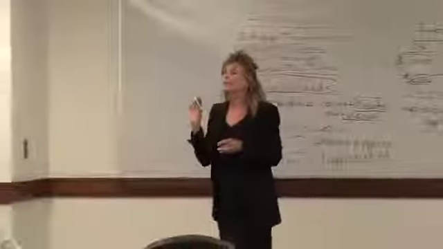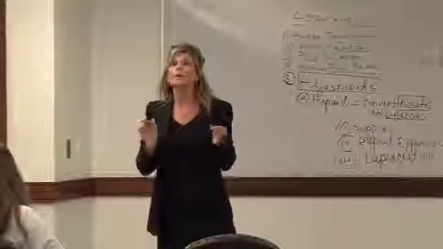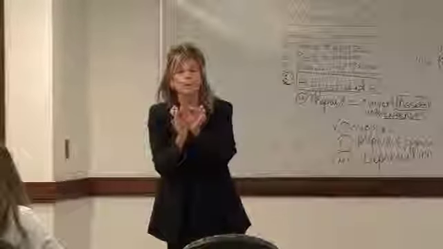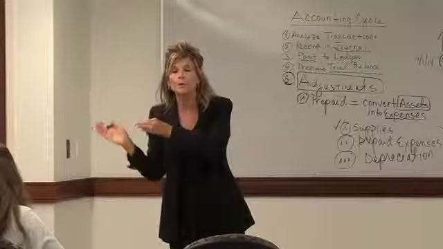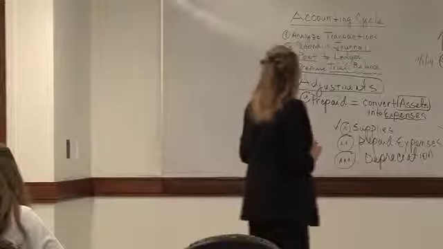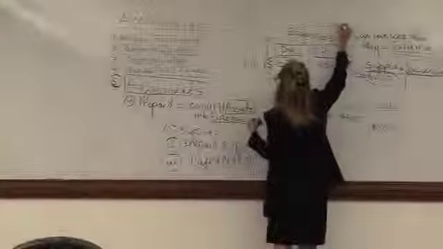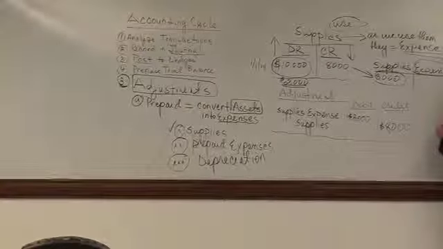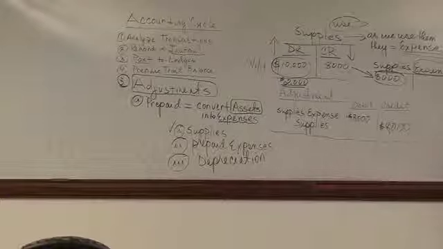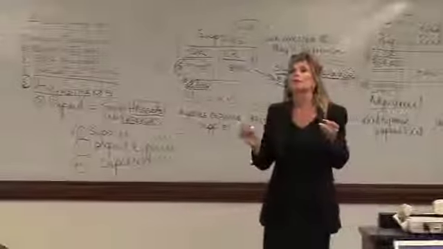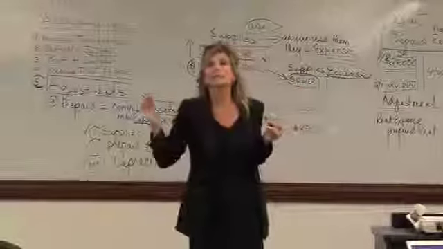So every single month, we're going to take $4,000 from the asset, called prepaid rent, and transfer it into the expense. With supplies, we use them. With prepaid rent, it's an element of time. As time passes, it goes from the asset into the expense.